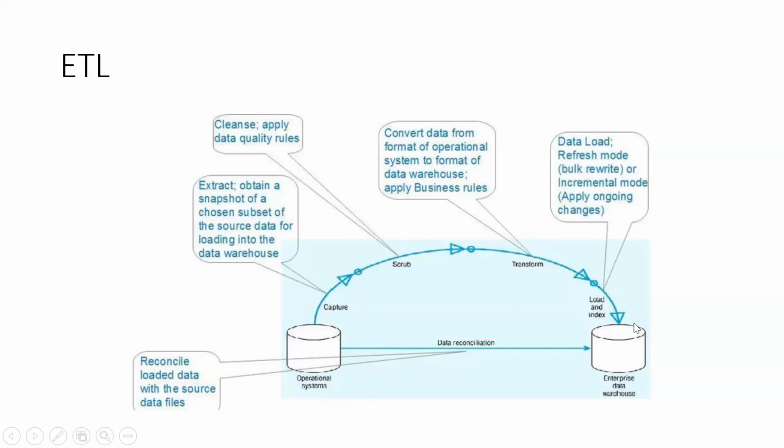Maybe the data warehouse can be the target. When they store the data, they need to maintain fact and dimension format. So this is the purpose of ETL. ETL is the medium to do this kind of thing.